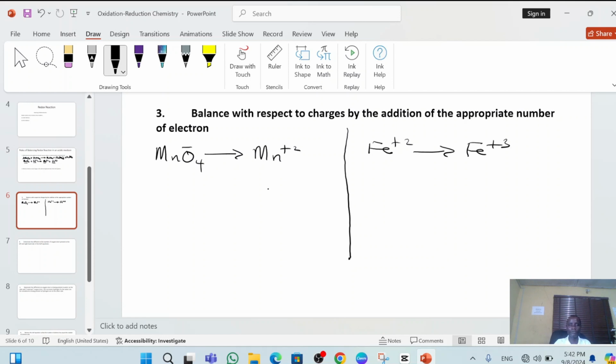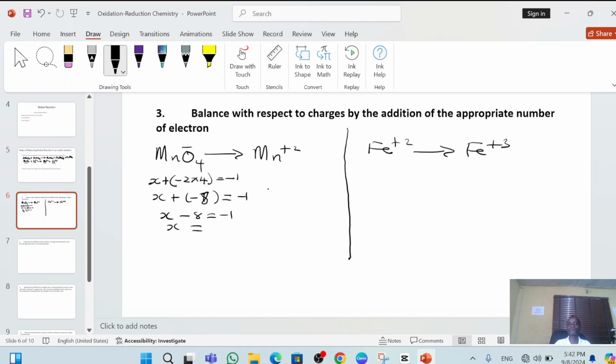Now, when you calculate the manganese here, we have X plus open bracket minus 2 times 4 equal to minus 1. That means X minus 8 equal to minus 1.